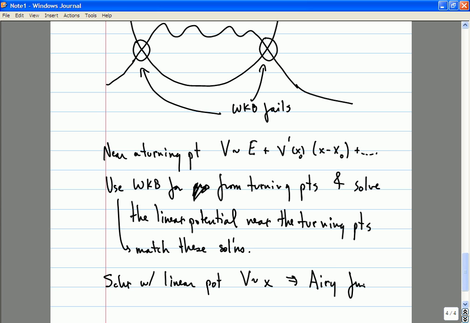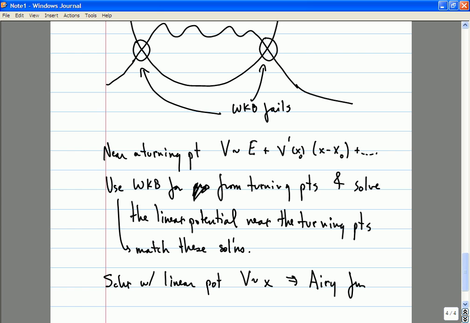Nothing particularly sophisticated about that problem, so I'm not going to bother to work out explicitly the solutions. They're Airy functions, some special functions. We could study it in more detail if we wanted to.